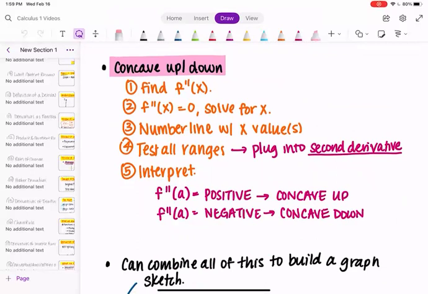So should this. At this point, concavity should be something you're pretty familiar with as well. Concavity is basically the same process, but with the second derivative. So find the second derivative of the function, set it equal to 0, solve for x. Those will be your inflection points, the points where it changes from concave up to down or down to up. Then you set up a number line with those x values, and you test all of the ranges outside and in between them by plugging into the second derivative.